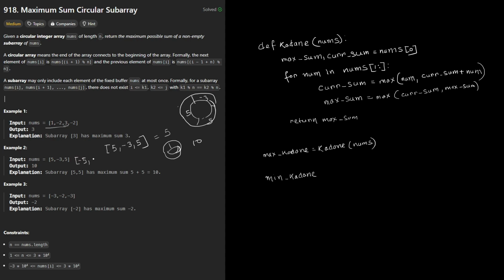Can I just pass the values to find the maximum, which would be a minimum in this case? So I'm going to pass in Kadane of minus num for num in nums.